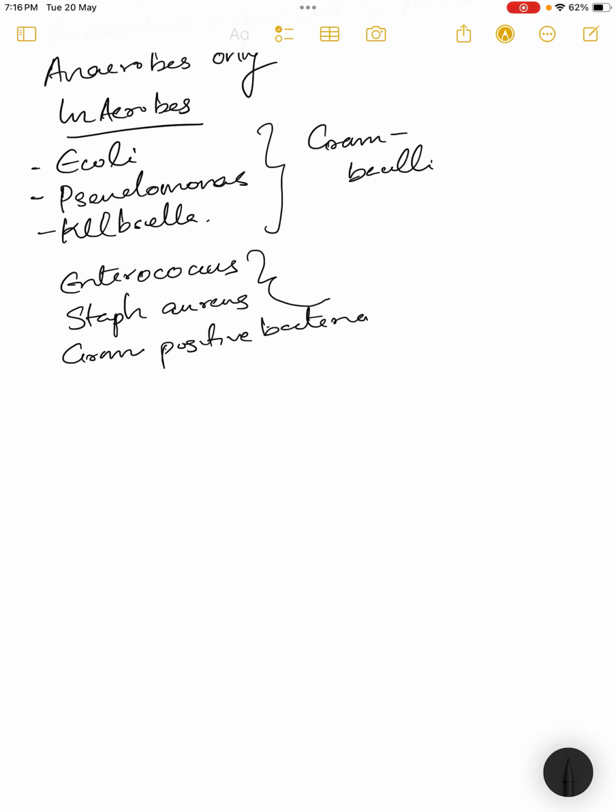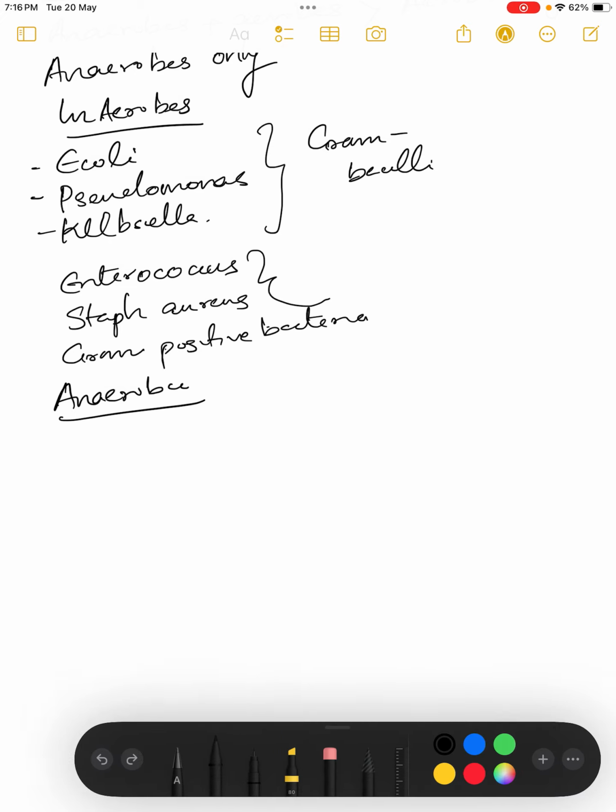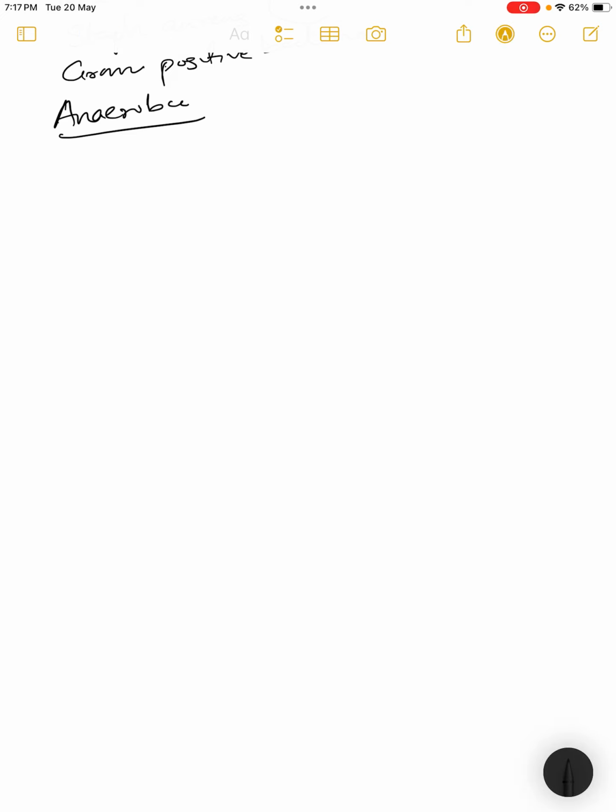Then comes anaerobic bacteria. So we have to see which are the anaerobic bacteria causing these.